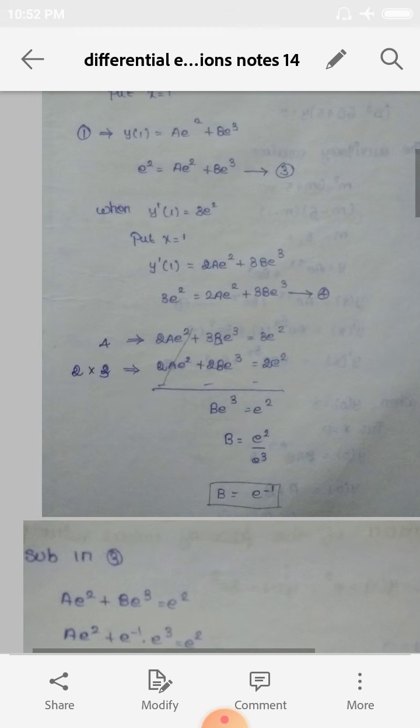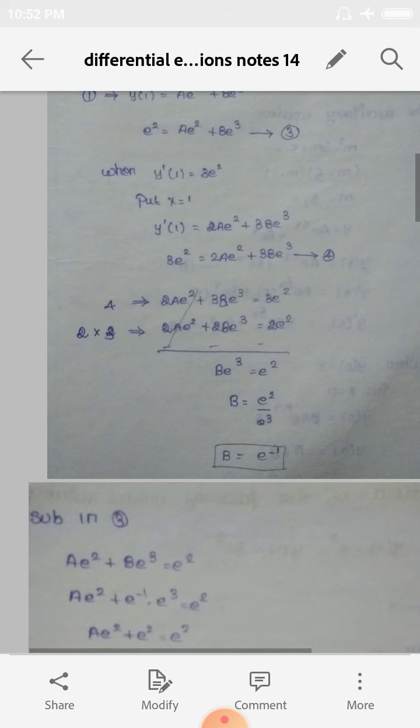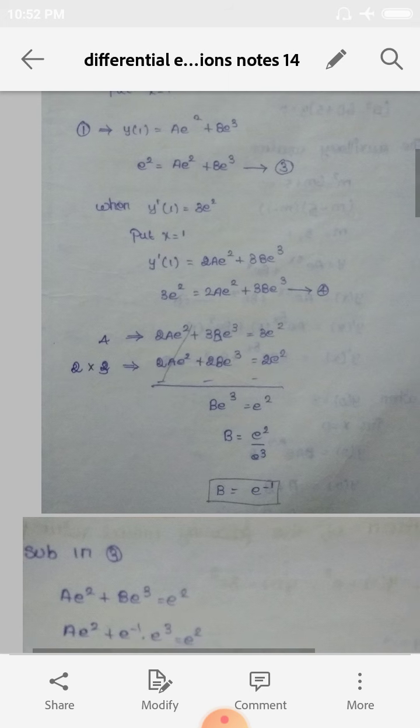And in the third equation, we have to multiply by 2 on both sides. So we get 2 into a e power 2 plus 2 into b e power 3 is equal to 2 e power 2.